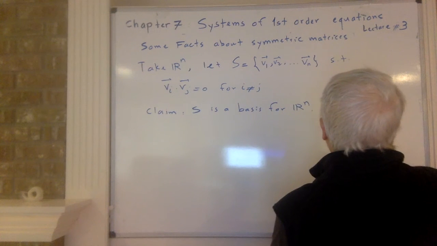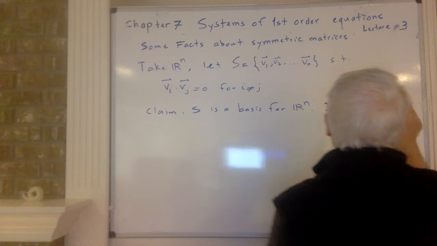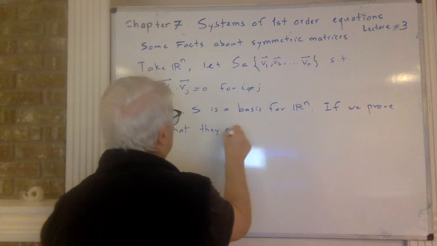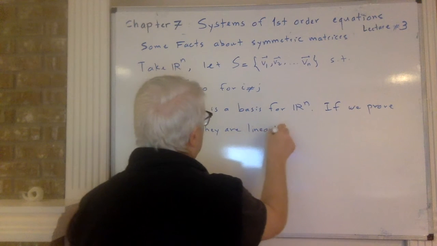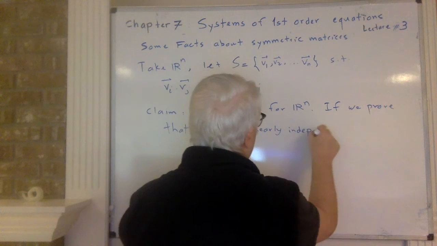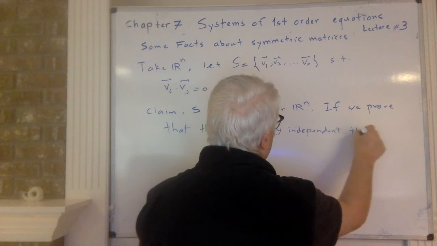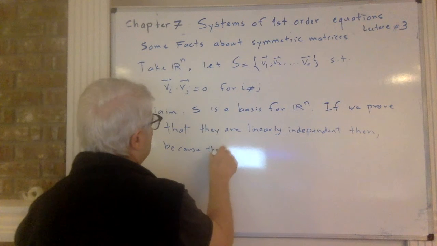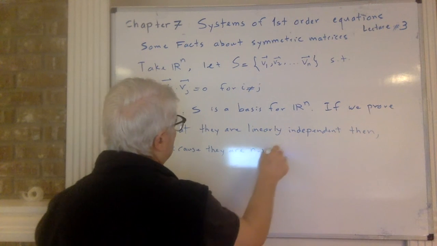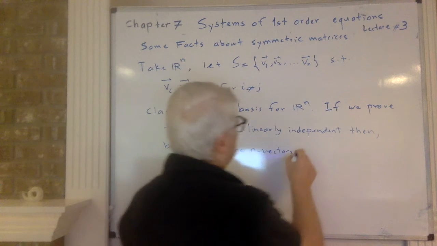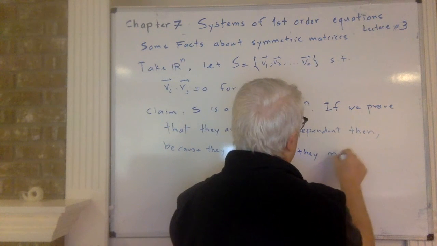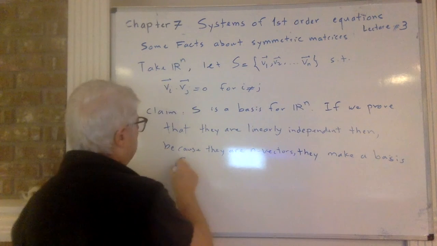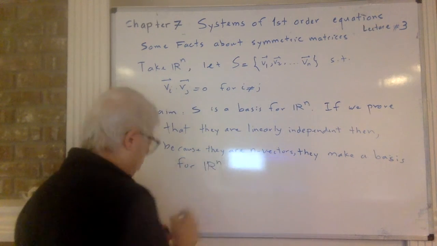If we prove that they are linearly independent, then because they are n vectors, they make a basis for Rn.